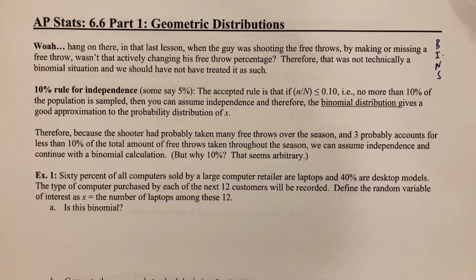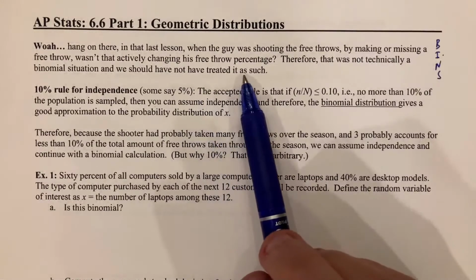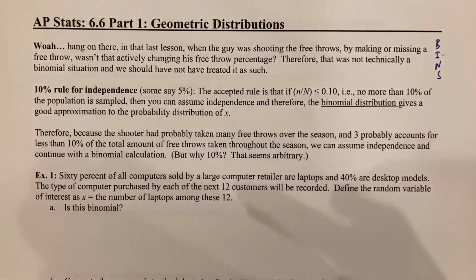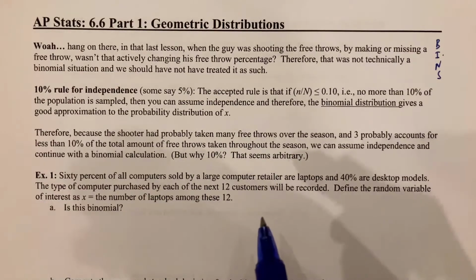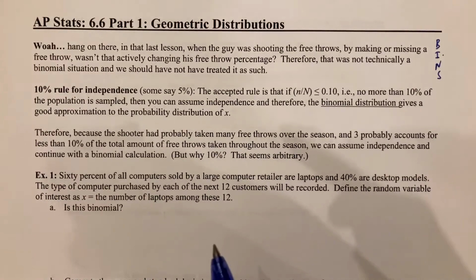So by him making his free throw the first time, didn't that make his free throw percentage just a little bit better for the second shot? And by him missing the second shot, didn't that make it a little bit worse for the third shot?